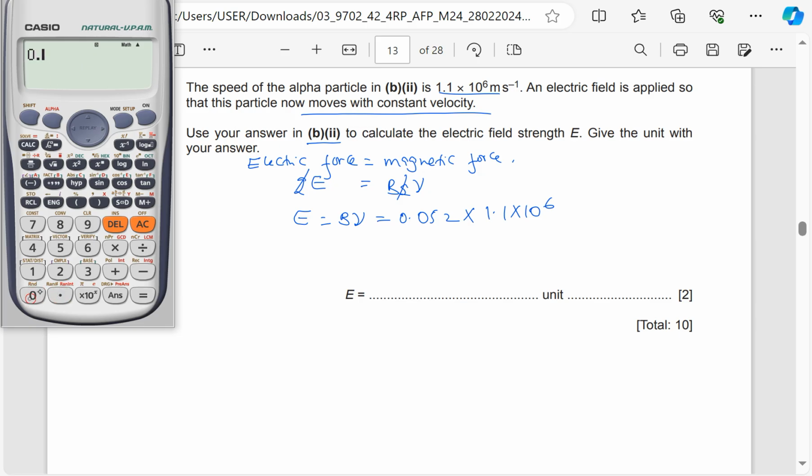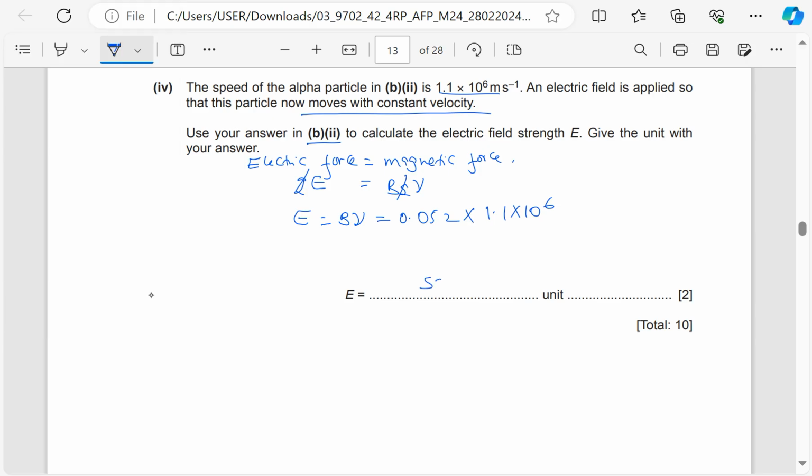So 0.052 times 1.1 exponent 6 is 57200. The unit, since this is electric field strength, is newtons per coulomb, or you can write volts per meter.